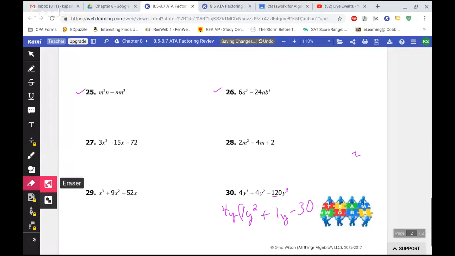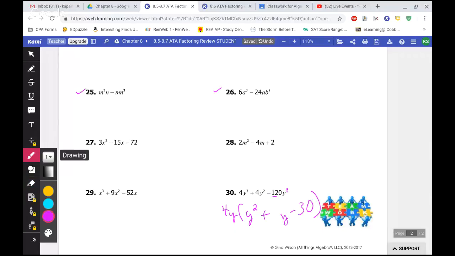So now I've got a regular trinomial. I wouldn't necessarily have to have written these out; I was just doing it to show you. This should look familiar to you guys, because it's just a regular trinomial that we've been factoring, where you try to find 2 factors of 30 that, when you combine them, add to positive 1.